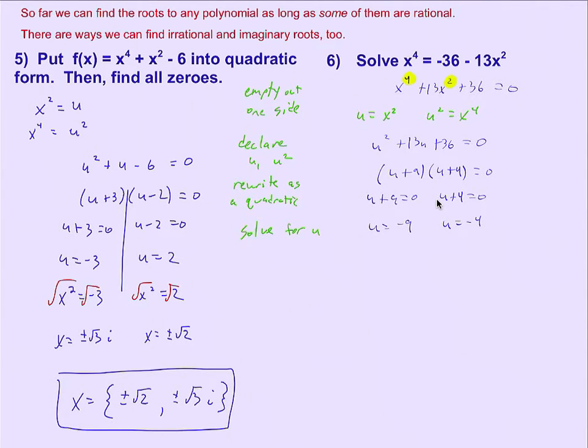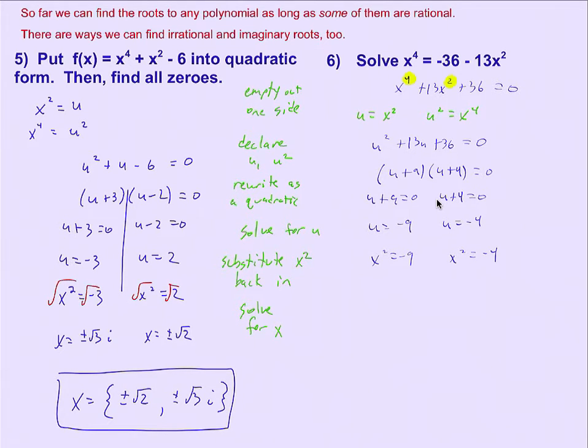And then we will substitute x squared back in. And so that's where our u becomes x squared. And now that we have the x back in, we can solve for x.